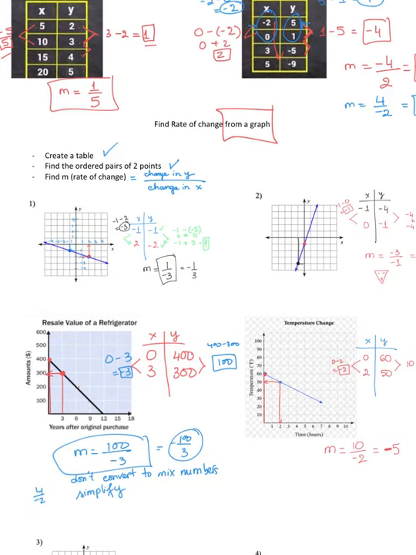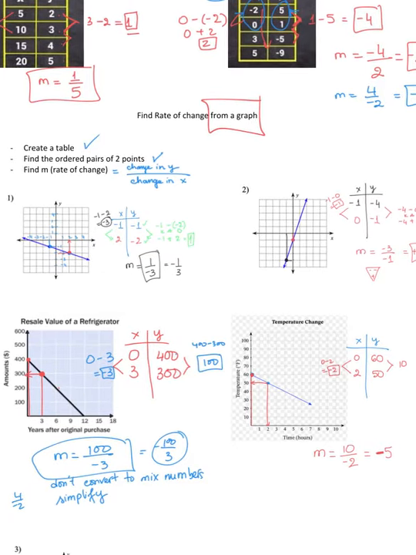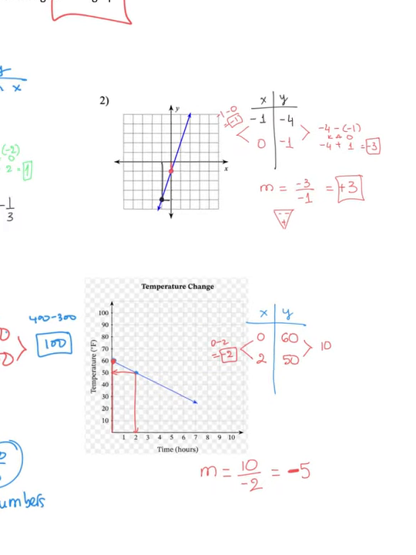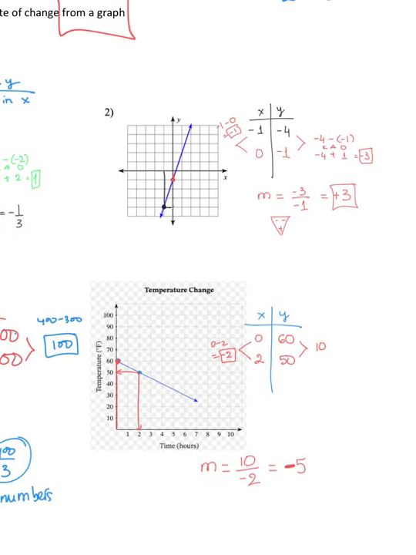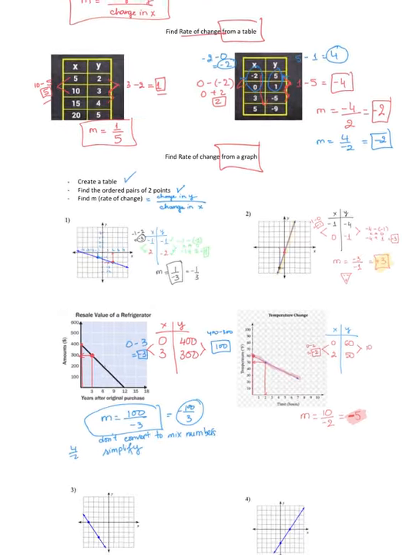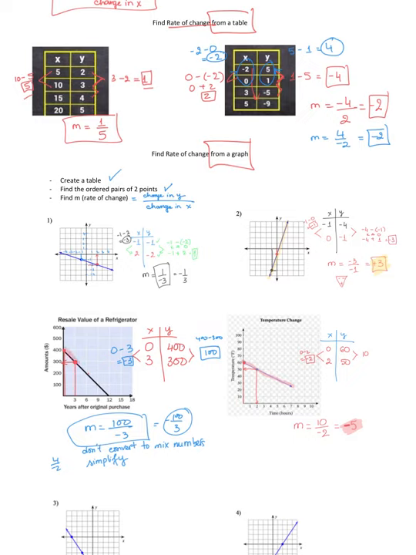So, do you see there is a difference between 2 and 3? If the line is going up, increasing, your rate of change is positive. And if you see the line going down, your answer will be negative. Do you see this line going down? The rate of change is negative.